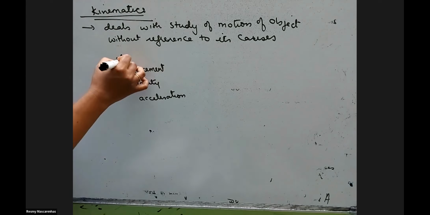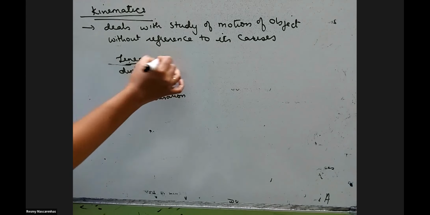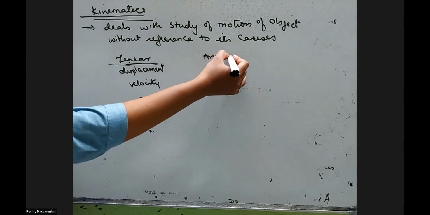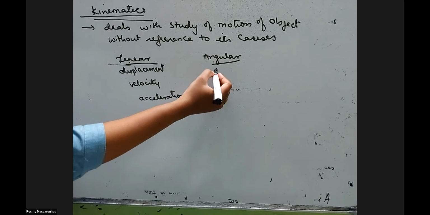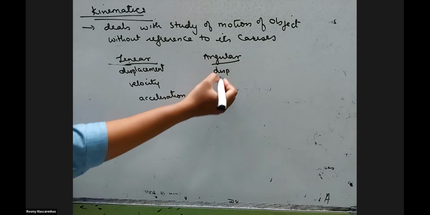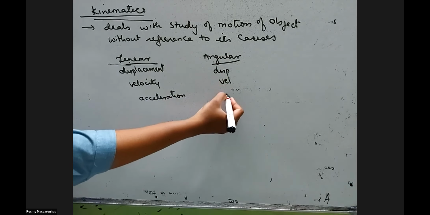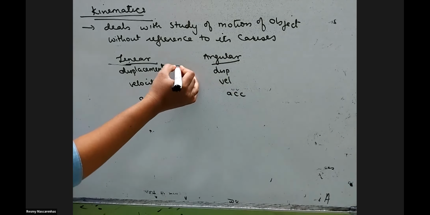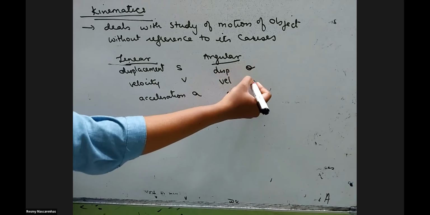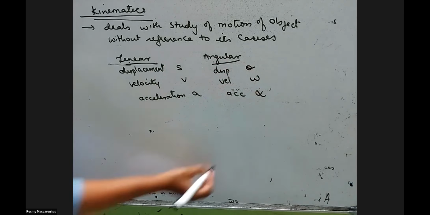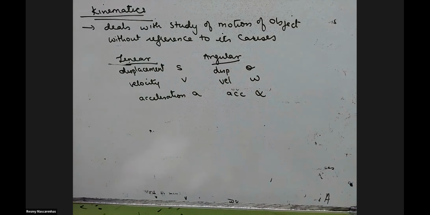The only difference is that this is linear, and here it will be called angular. Angular displacement, angular velocity, angular acceleration. So this is S, this is V, this is A, this is theta, this is omega, this is alpha. So these are your kinematics.